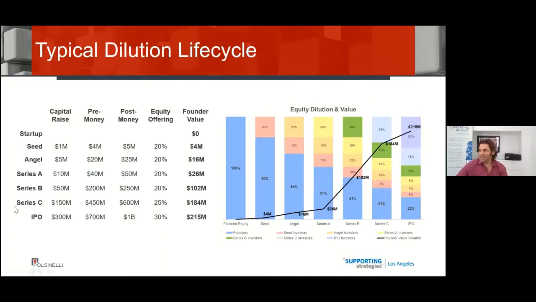Yeah, exactly. And this dilution chart right here shows you the skin in the game. At this point at Series C, the founders and the common stockholders, people who got issued stock options and stock grants, have 31% of the business.